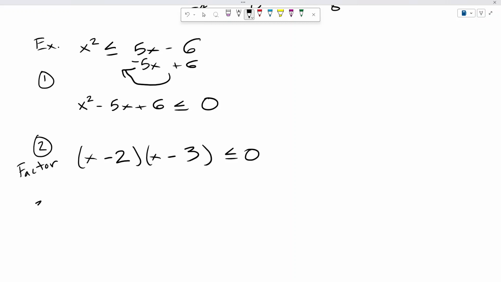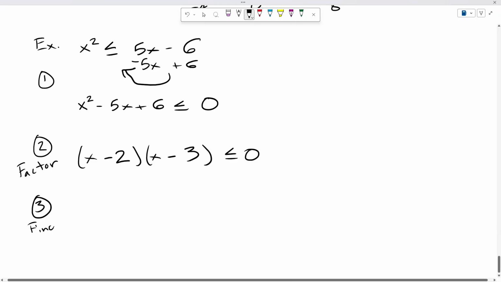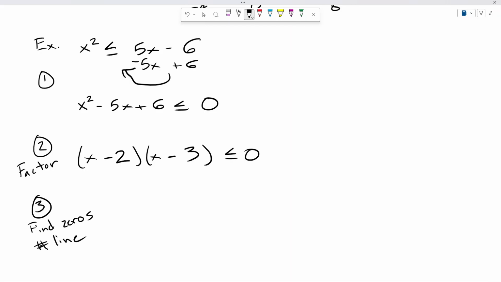And now our third step is going to be find the zeros and put them on the number line. So find our zeros and then number line. If we did like we've seen way back, we can still take and set each one, pretend that's an equal, set it equal to 0. Just like when we had an equation, set it equal to 0 is all we're doing.